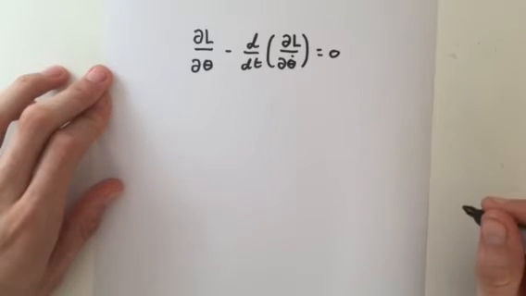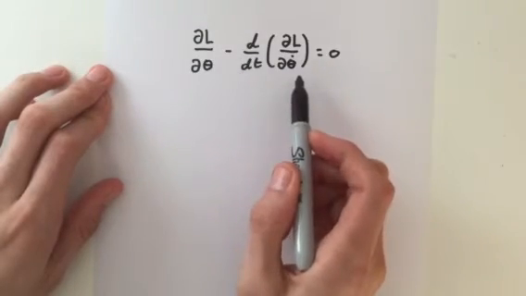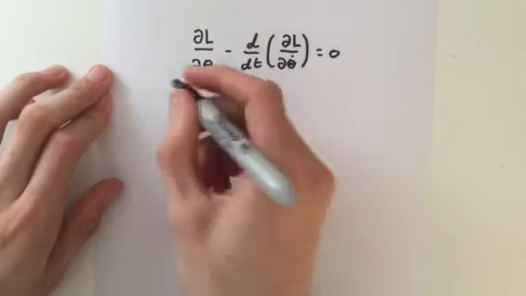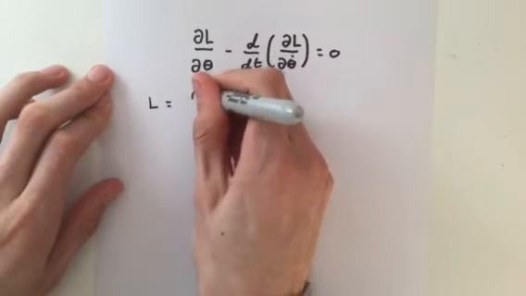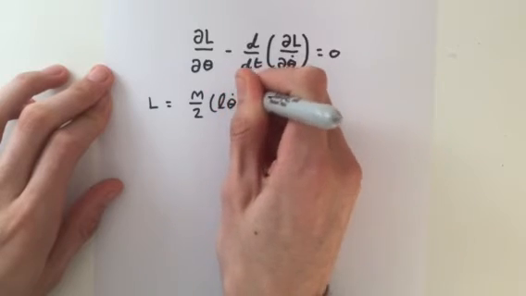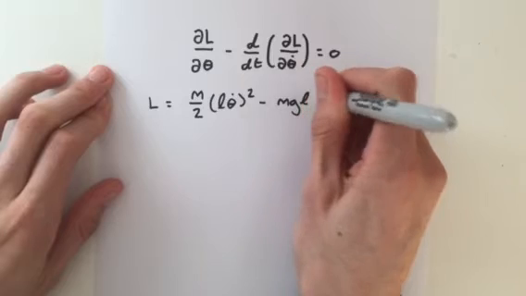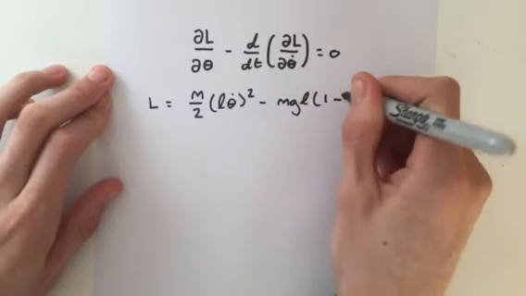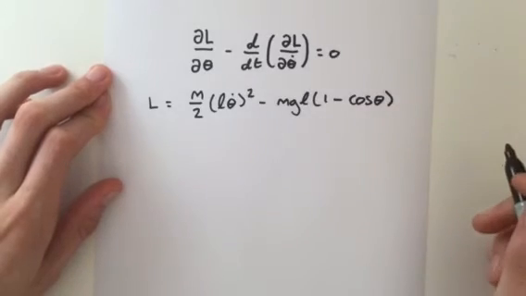So we now need to use this equation for our original Lagrangian. I'll just write it down again. We had L is equal to m over 2 L theta dot squared minus mgL times 1 minus cosine of theta. Okay?